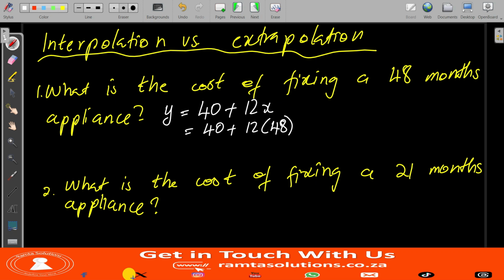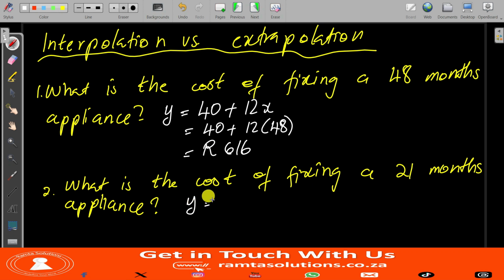I'm just going to use the calculator I have in my hand. 40 plus 12, open brackets, 48, close. What is this? The cost will be 616 rands, right? Because we are using the line of best fit.